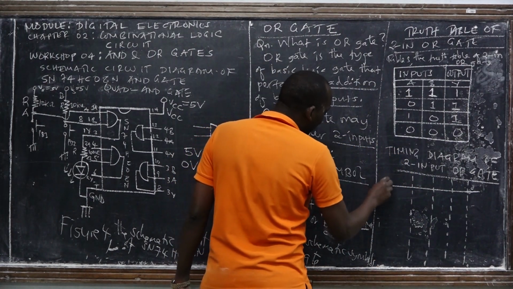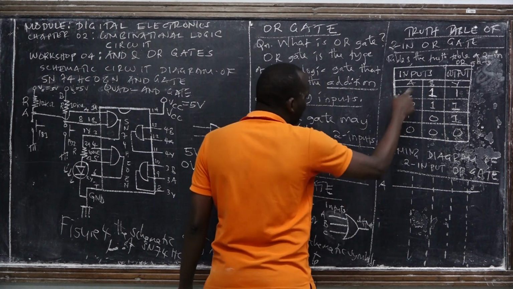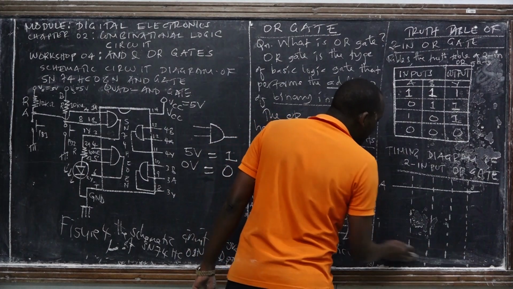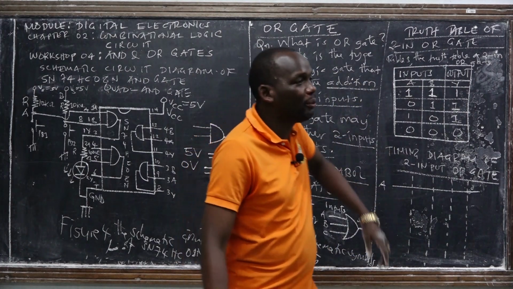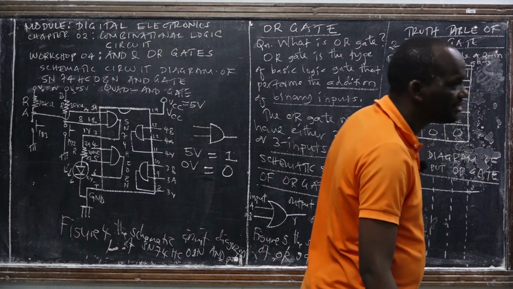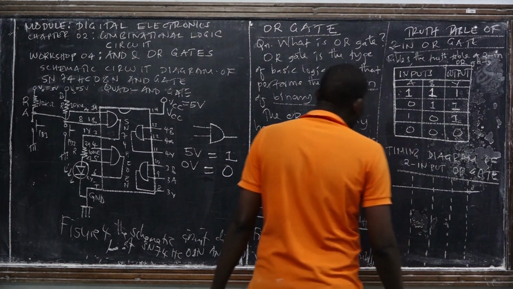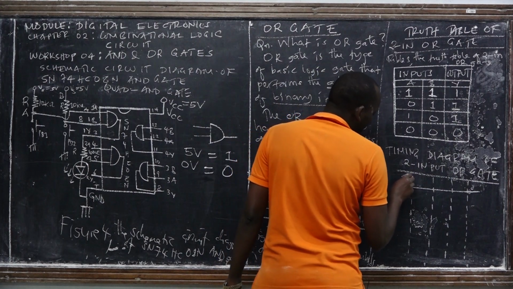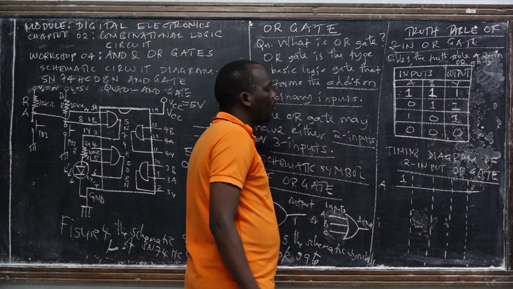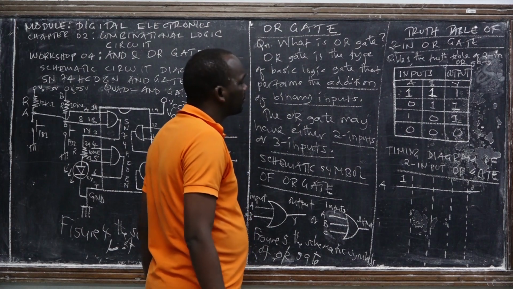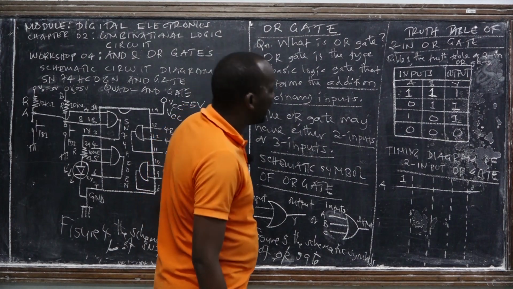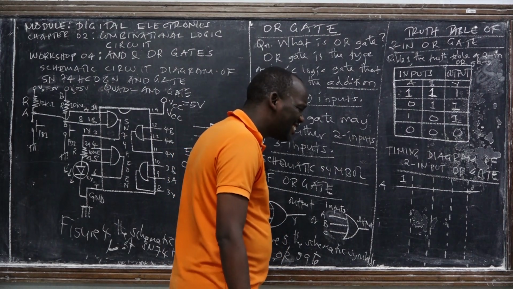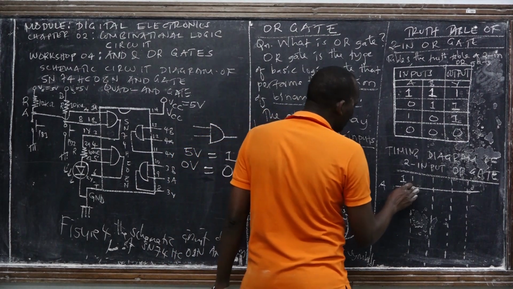Okay, so this is input A. What is the state for the input A? Stop writing. What is the state of input A? High. Again, the second bit for the input A? 1. Who told you 1?